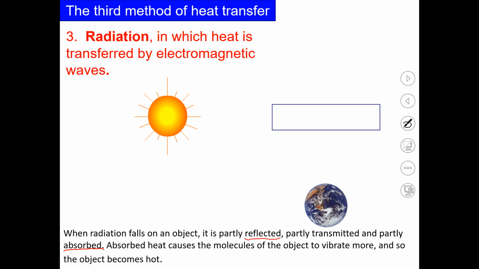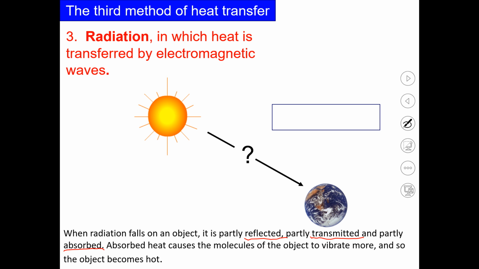Absorbed, reflected, and transmitted. Absorbed heat causes the molecules of the object to vibrate more, and so the object becomes hot. The temperature will increase.